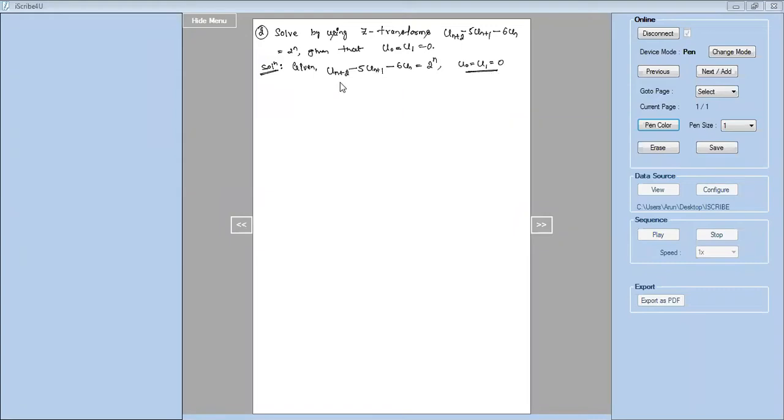So what is the first step here? While solving a difference equation using Z transform, the first step is to take Z transform on both sides.